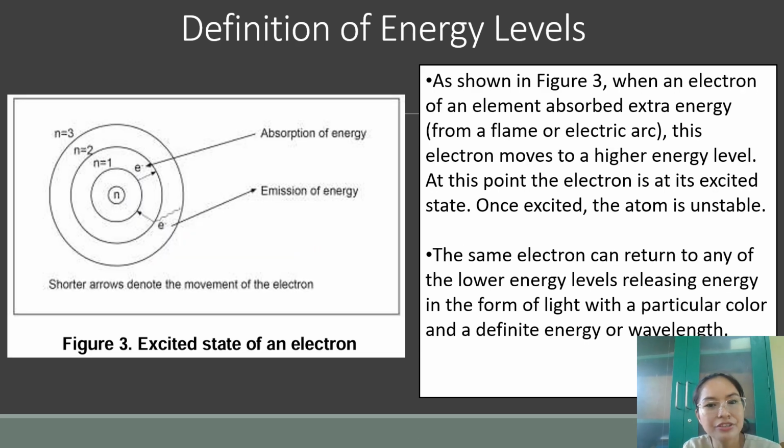Now, we have here in figure 3, what if there is absorption of extra energy, like from a flame or from an electric arc? Therefore, the electron will move to a higher energy level. So for example, from energy level 1, if it absorbs extra energy, it will jump up to the second energy level or even to the third energy level, depending on the amount of energy absorbed.